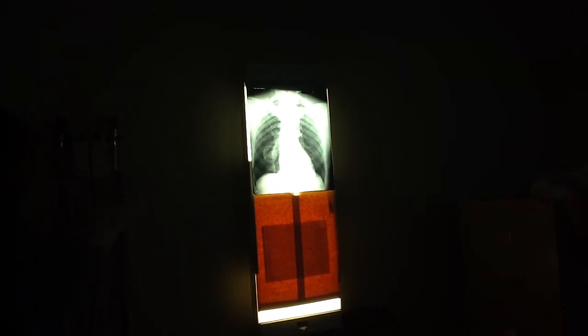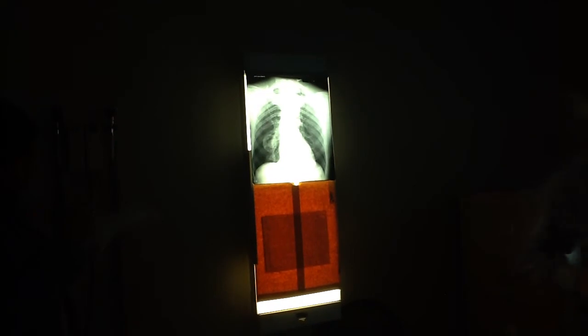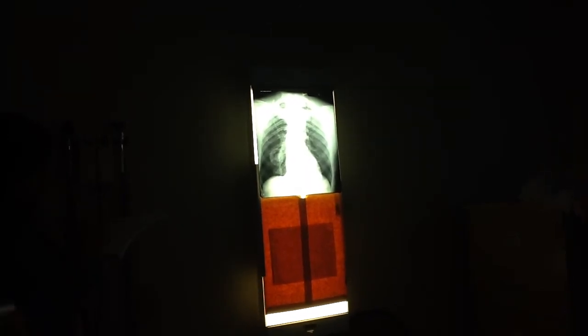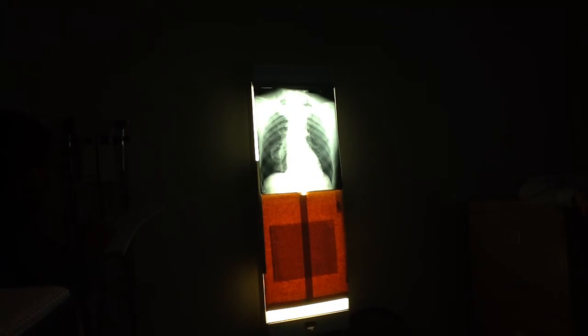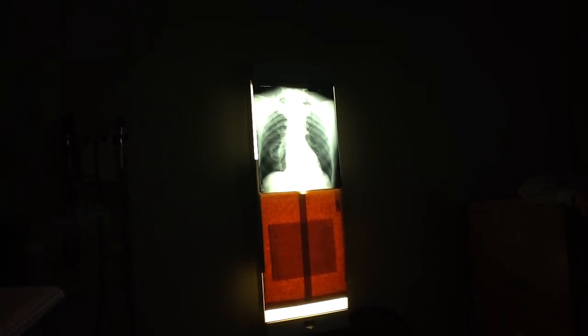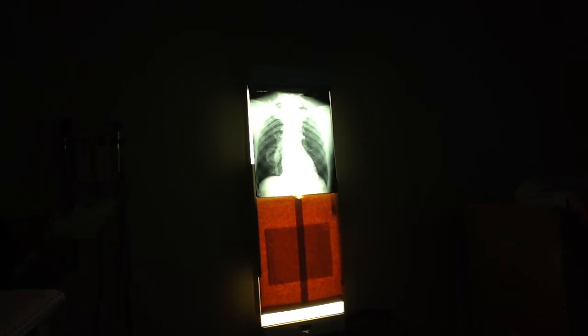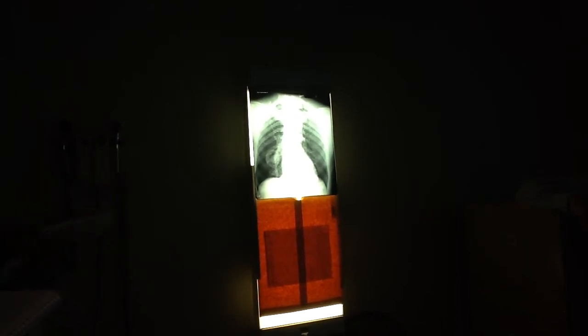Now, what's the classic finding of cavitation? Air fluid level. See that one? Beautiful air fluid level. You see one in that one? No. It depends on where the cavity communicates with the bronchial tree. Because in order to have air inside a cavity, it has to erode into a bronchus.